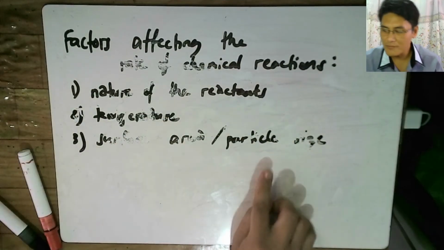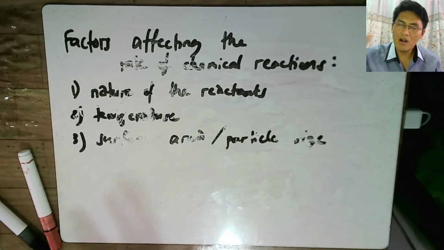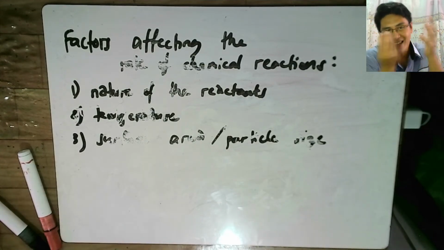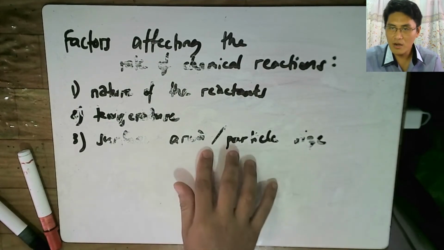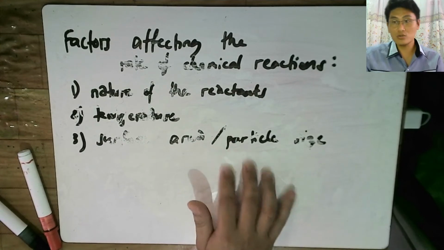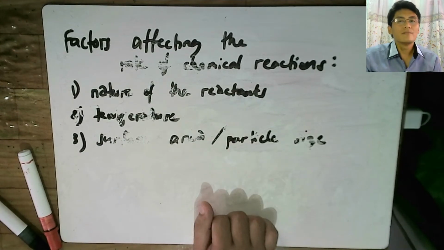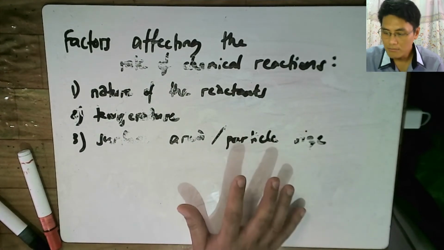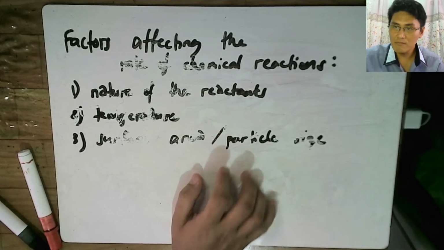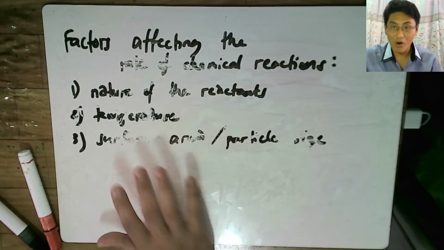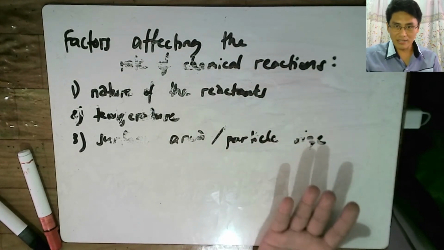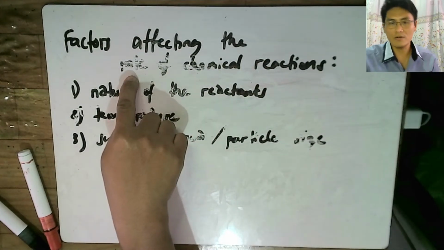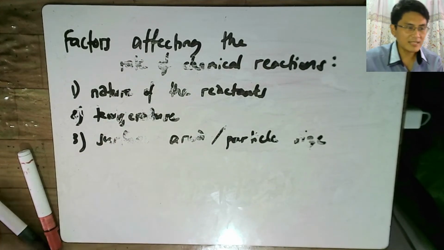And again, if you have smaller particles, the reactants are not locked inside the chunk, right? And therefore there's a bigger surface area, and more particles to collide with oxygen, more collisions, more effective collisions, more products produced, faster rate of chemical reaction. So that's the idea for the surface area.